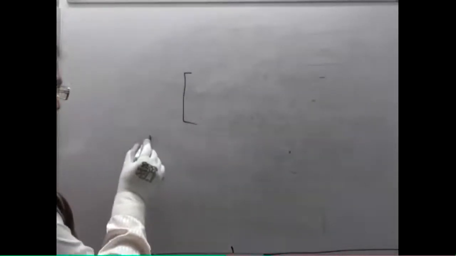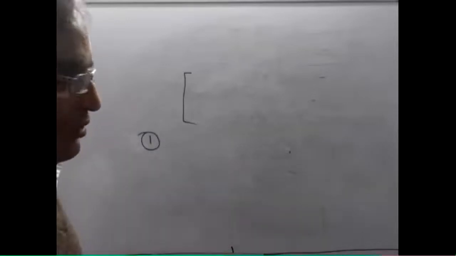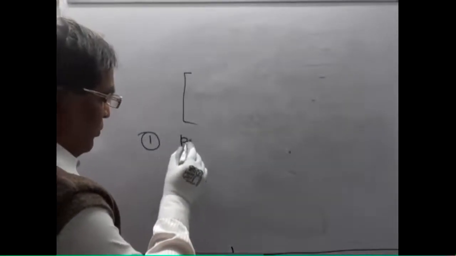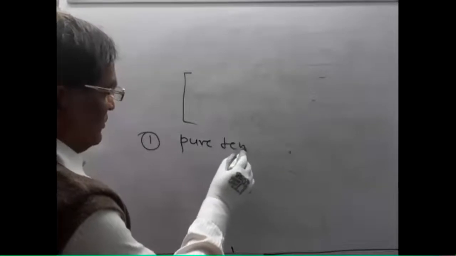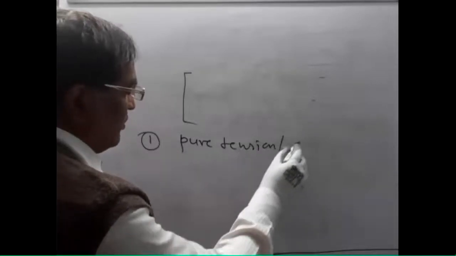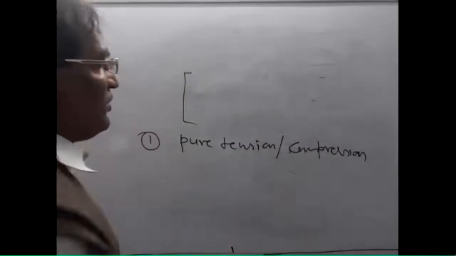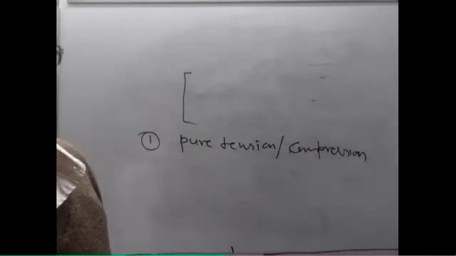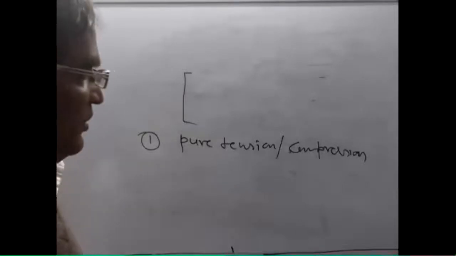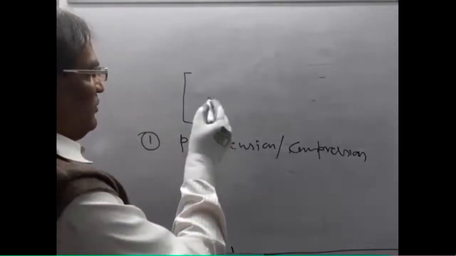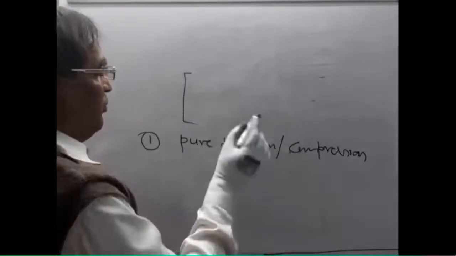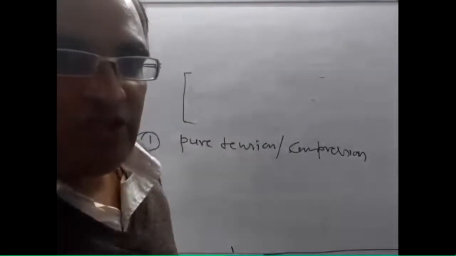First, note down the case of pure tension or compression. In this case, how will the Cauchy equation look? It means one dimension. Pure means that there is no shear component.